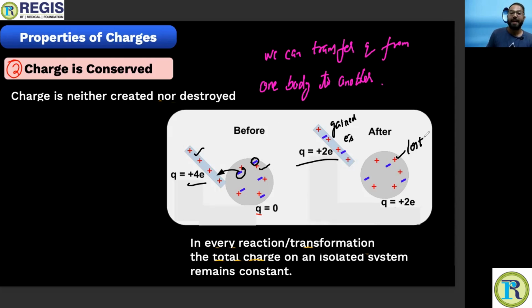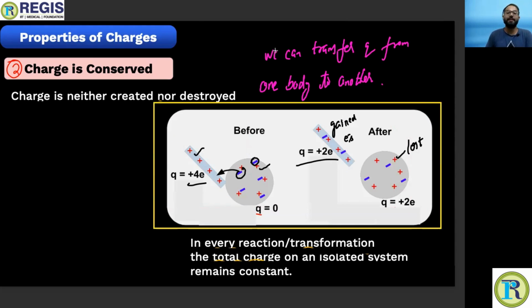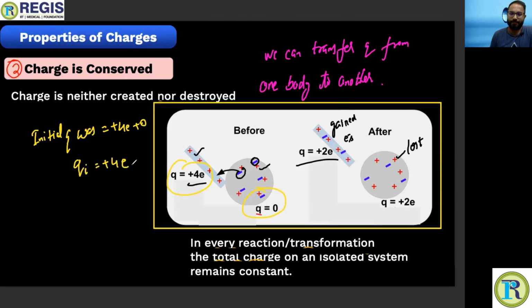Clear? But as a system, you can see total charge is conserved. Why? Because initial charge, how much was it? Plus 4e from this one, plus 0 from this. So initial charge was plus 4e.